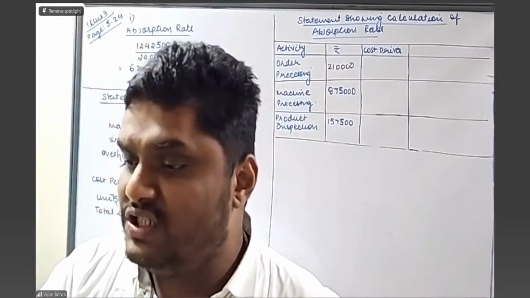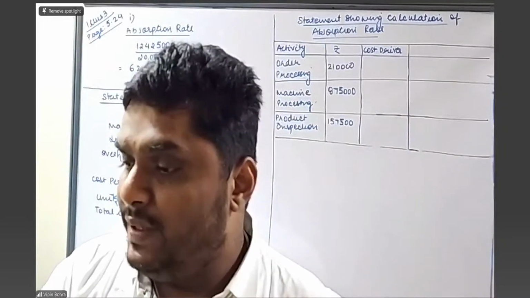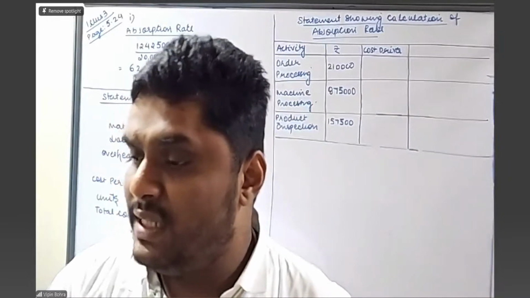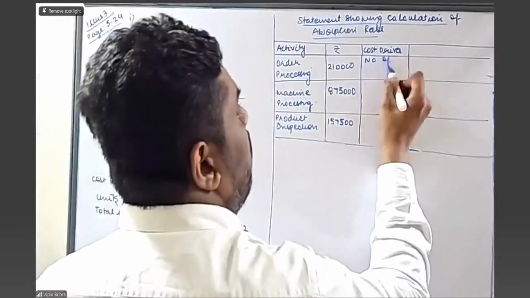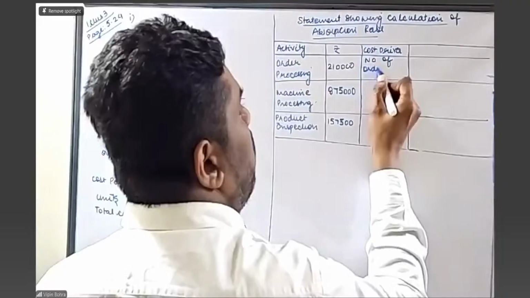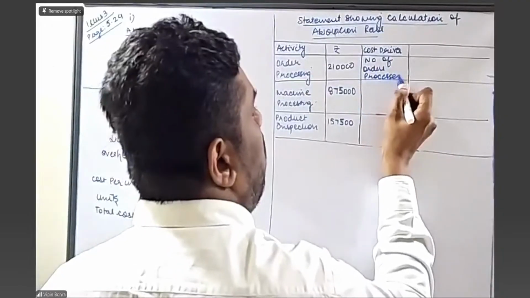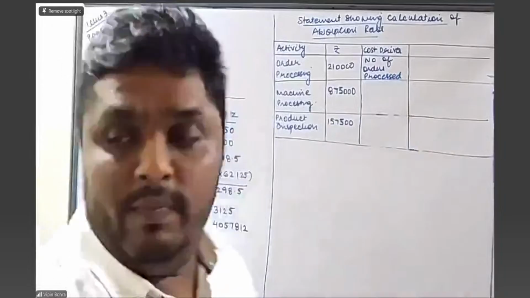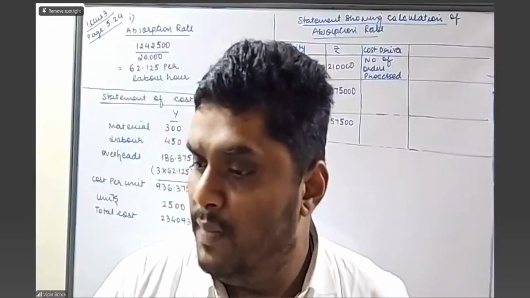We call it a cost driver, and the details are also given. When talking about order processing, it is the number of orders processed. When talking about machine processing, it is machine hours worked.